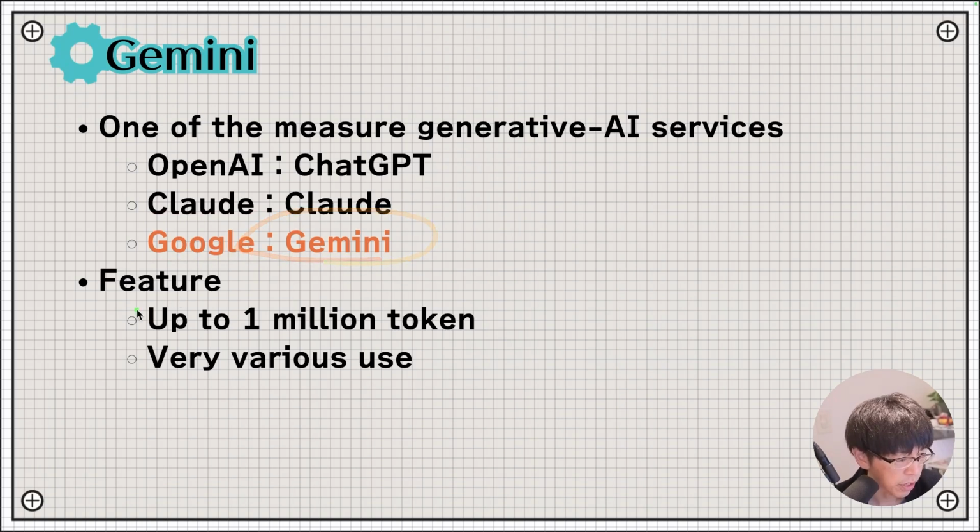And the features. There are many features, and each generative AI service has its own features. As for Gemini, it supports up to 1 million tokens, which is very huge compared to other services, and so it has very various uses.